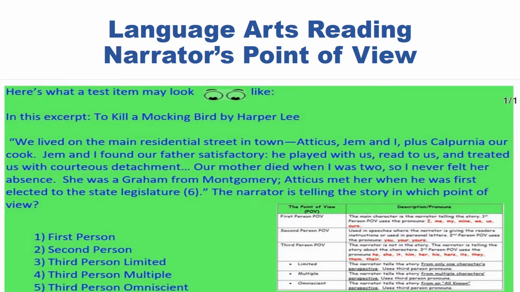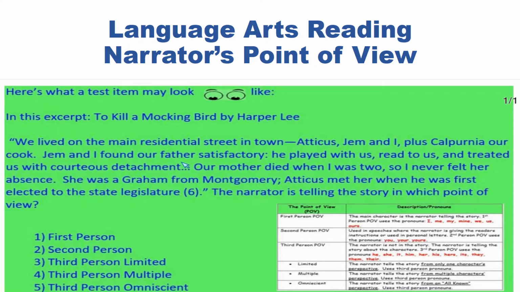Okay? So now when we go back to our excerpt here, we can see that some of the pronouns that are being used in this particular narrative are we, we also see I, we have our here, us.